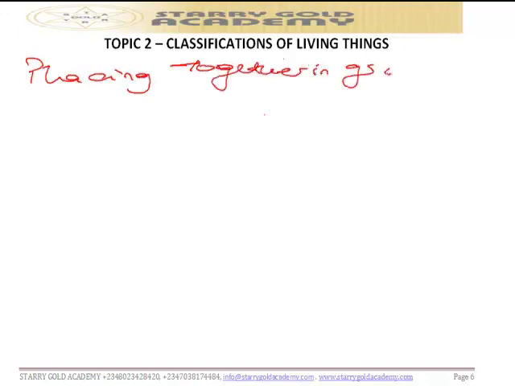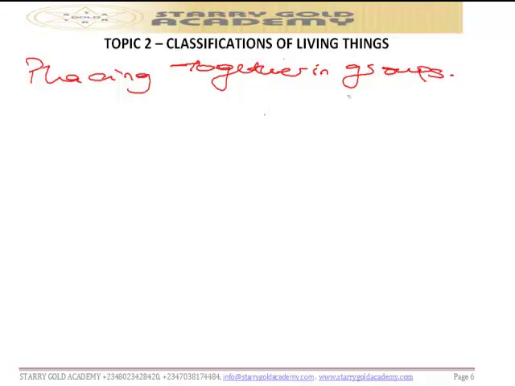Alright? So classification of living things is the placing together in groups of those living things that resemble each other. So when we place things that look alike together, we are trying to classify them, right?